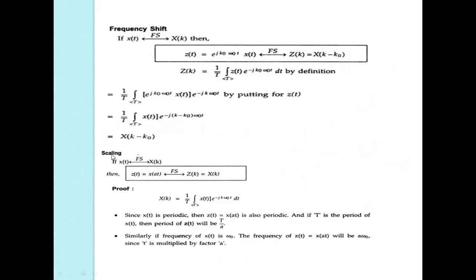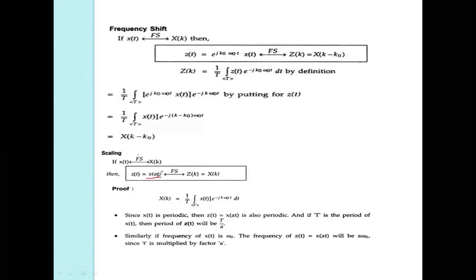Okay. Next, the fourth property, the scaling property, that is time scaling. z of t is equal to x of a into t. The Fourier series coefficients z of k are equal to x of k.